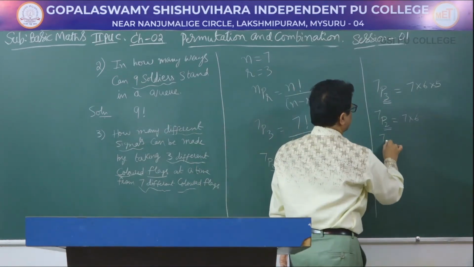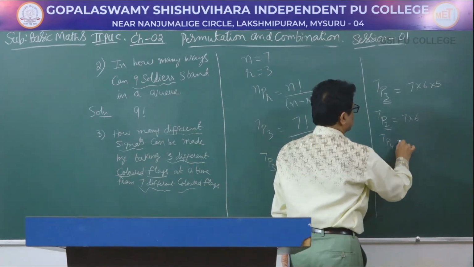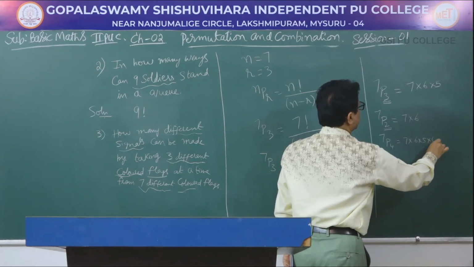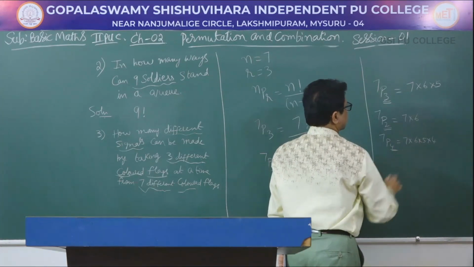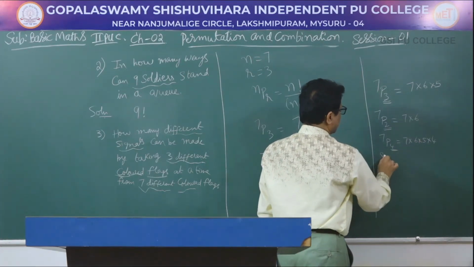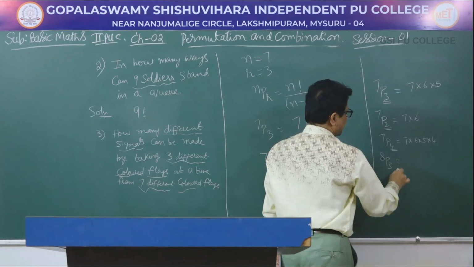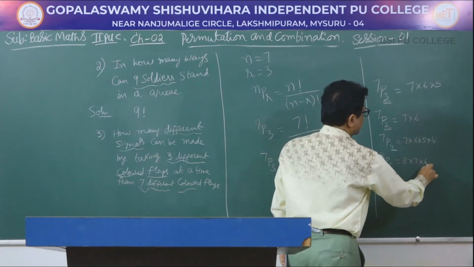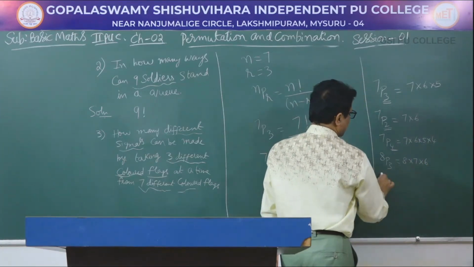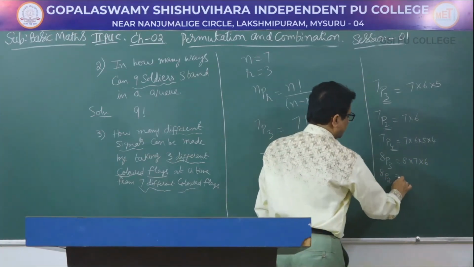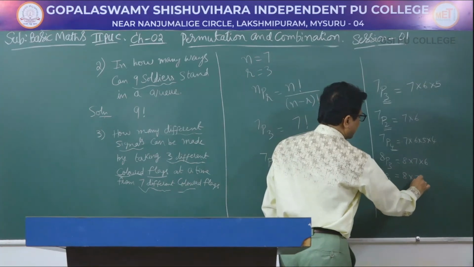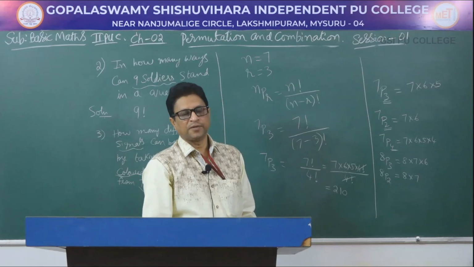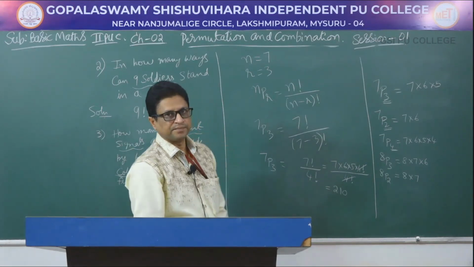Suppose you want to find 7P4, then you write 7 into 6 into 5 into 4, 4 terms. For 8P3, this can be directly written as 8 into 7 into 6, 3 terms. For 8P2, you can write 8 into 7. So in the shortcut method, we can find the value of the required permutation.